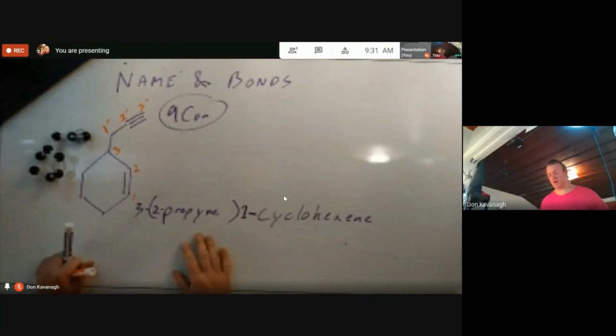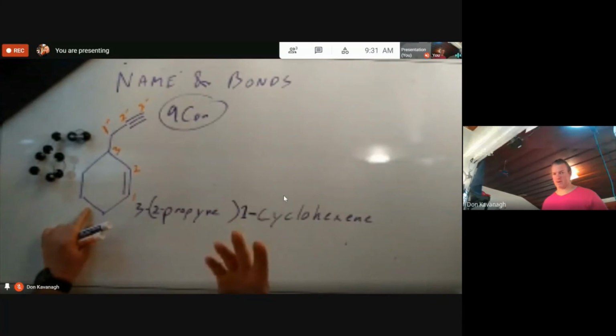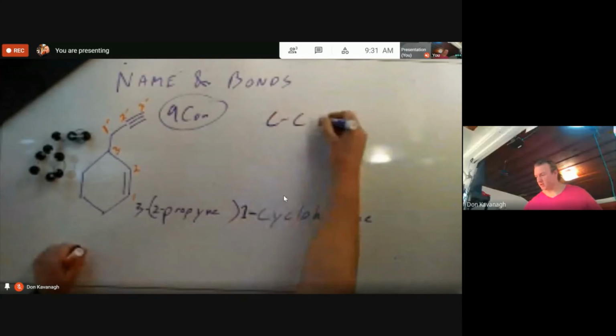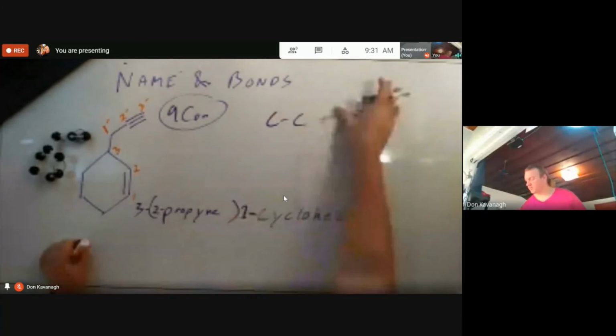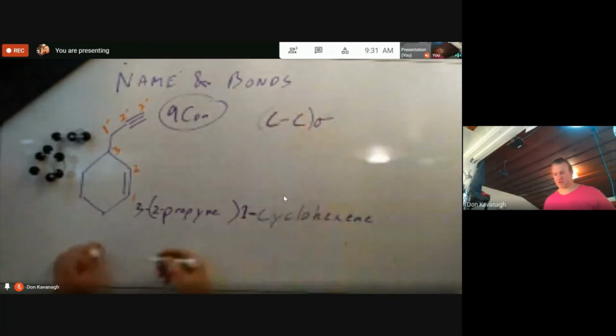Now the type of bonds that are present in here. There's a lot of sigma and a couple pi bonds. The sigma bonds are just one line that are shown. And remember, in this picture and also in this model, I don't have the hydrogens present. So let's talk about the number of carbon-carbon sigma bonds and carbon-carbon pi bonds.